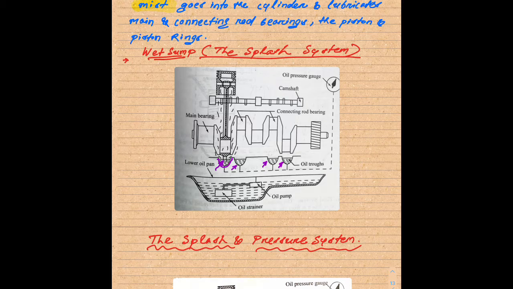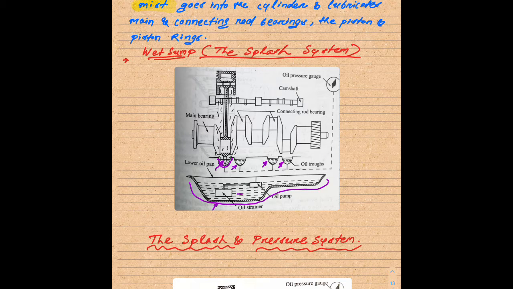How does the oil get into the oil pan? By this pump. This is the oil sump, where you are storing the lubricating oil.